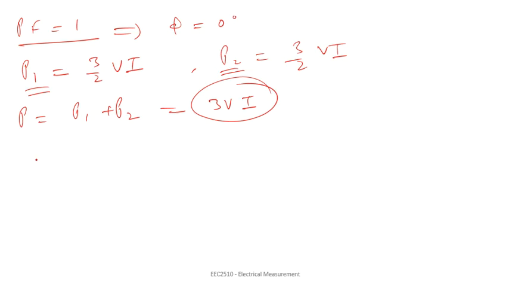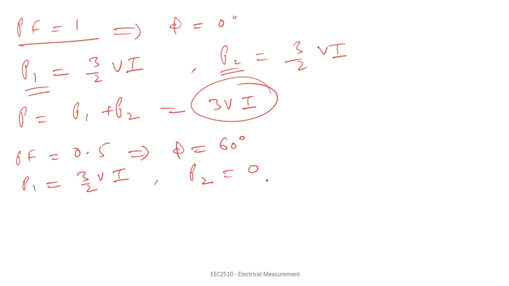Similarly we can consider other cases as well, for example when the power factor is 0.5. When the power factor is 0.5, it means phi will be equal to 60 degrees. In this case P1 will come as 3 by 2 Vi, and P2 will come as 0.